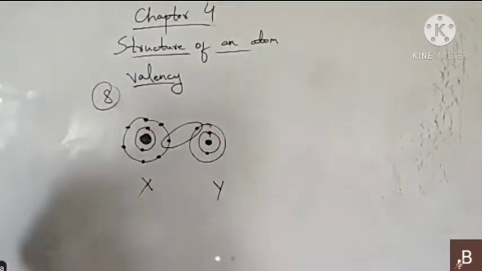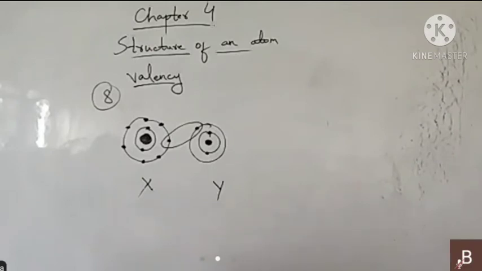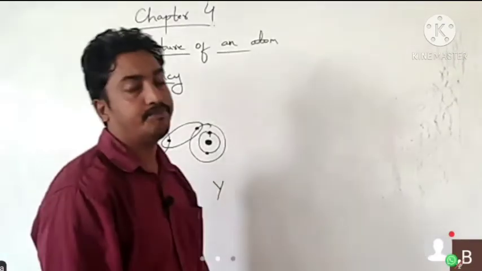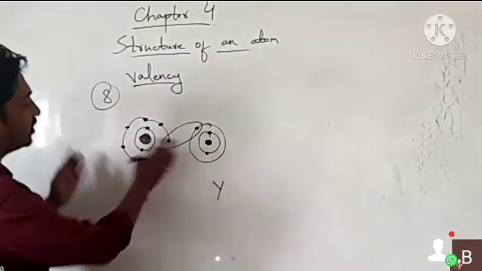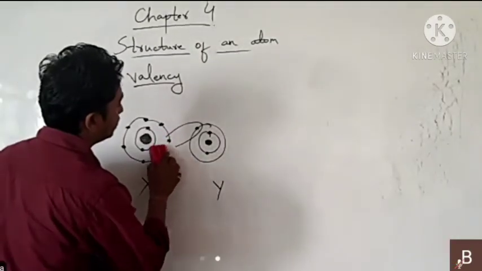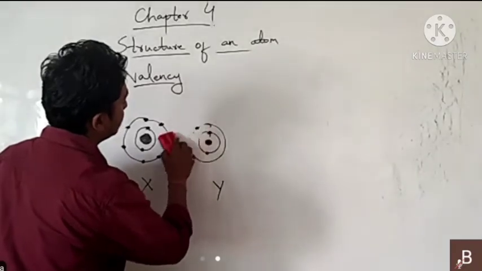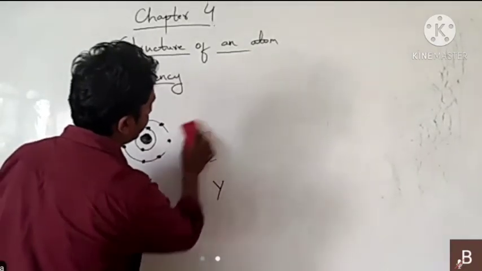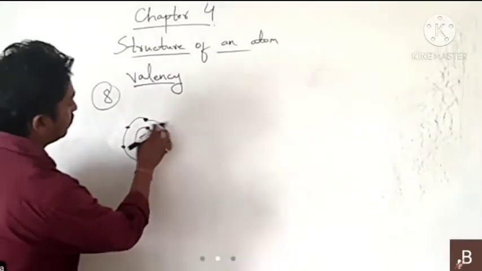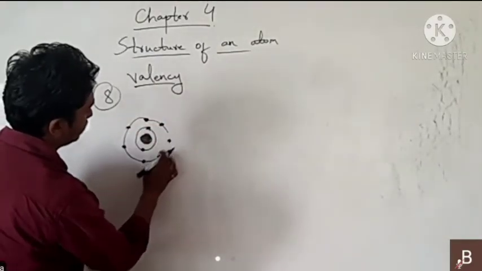So now we will talk about inert gases. Those elements in the periodic table that have fulfilled the criteria of this octet number are termed as inert gases. As for example, 1, 2, 3, 6, 7, 1 more electron.